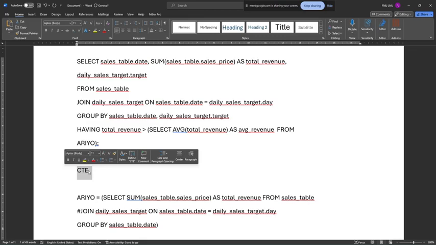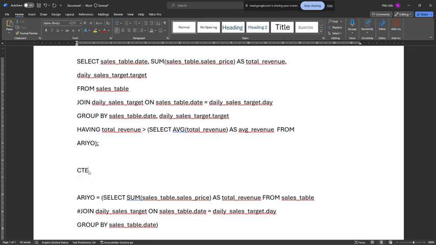Sorry, sir, CTE, what's the full meaning? Common table expressions. Sorry? Common table expressions. Okay. Common table expressions.